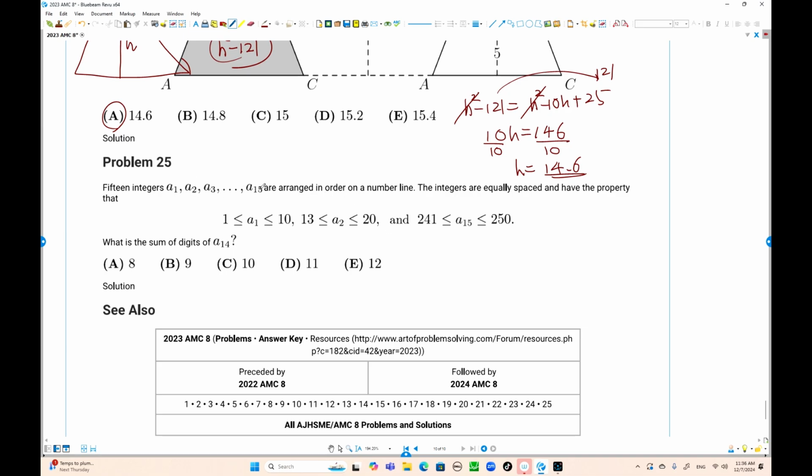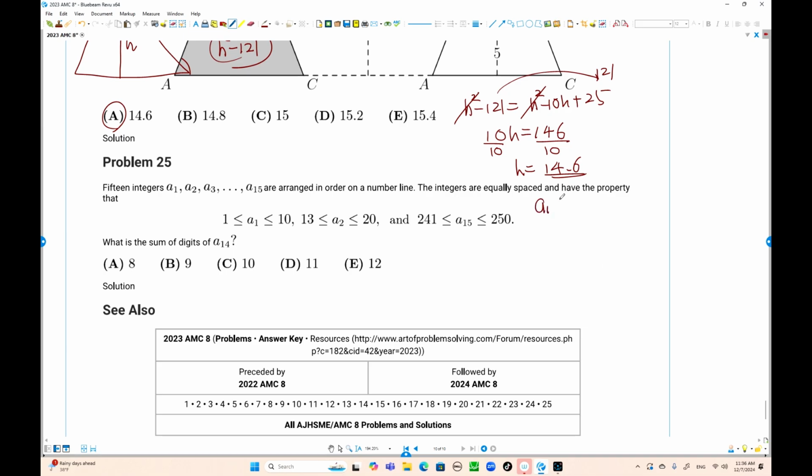We have a sequence up here, right? The value of a first term is between 1 and 10, the second term is 13 to 20, and the last 15 terms are between 20 to 41 to 250. We're going to find a14, because integers equally spaced have the property. Equally spaced means a common difference, which is an arithmetic sequence.